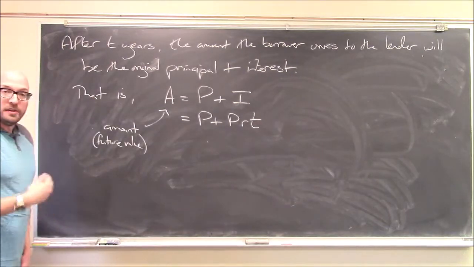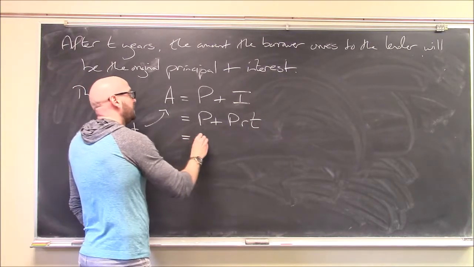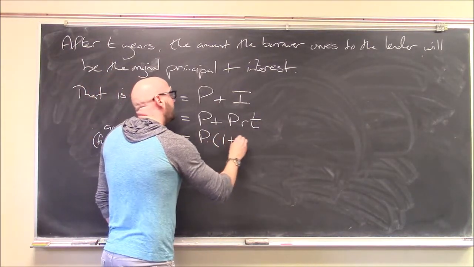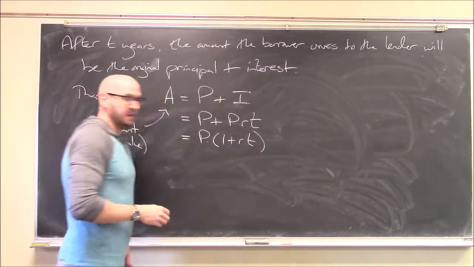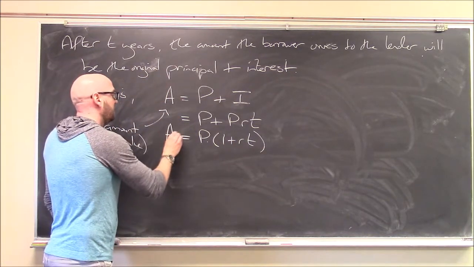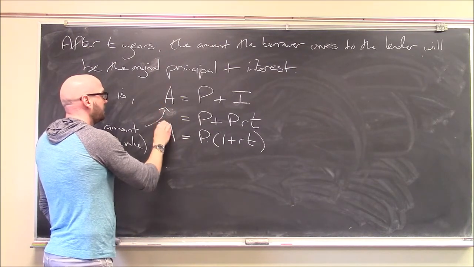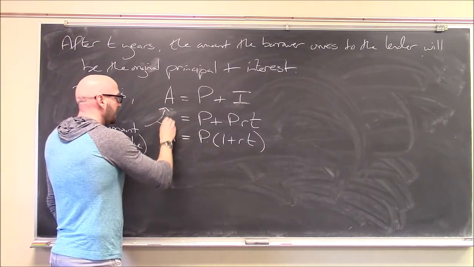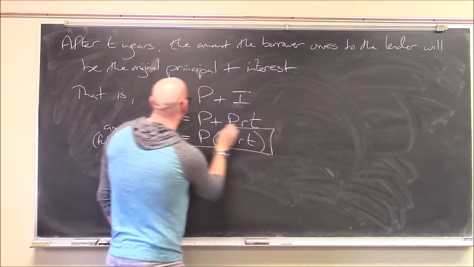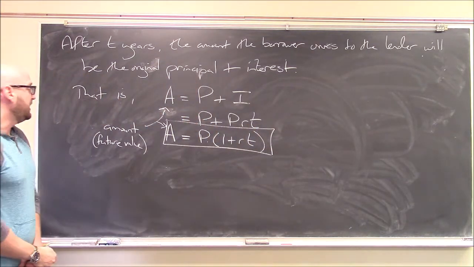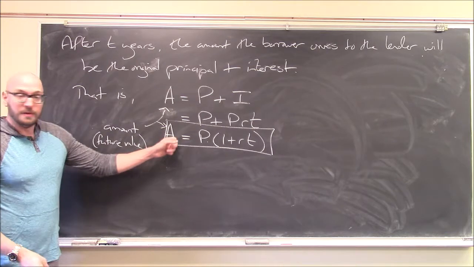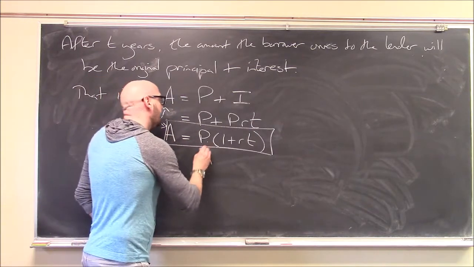And quite often you'll see this factored, so factor out the P. This is P times 1 plus RT. So A is P times 1 plus RT, where you can think of A as being the future value and P being the original amount you invest.